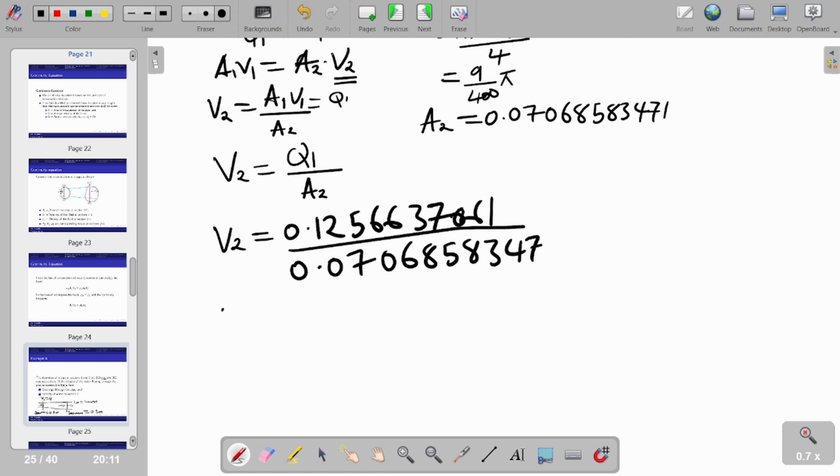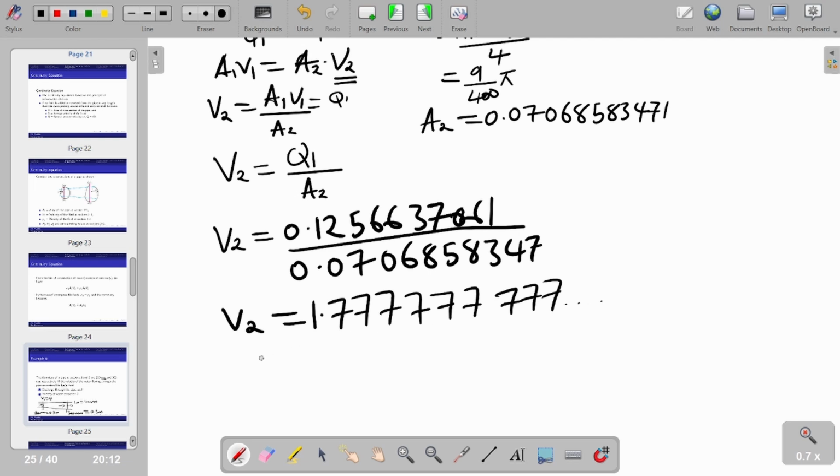The velocity at section 2 will be given by 1.7777777 like that.